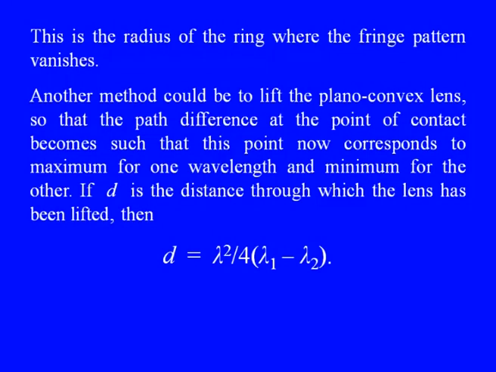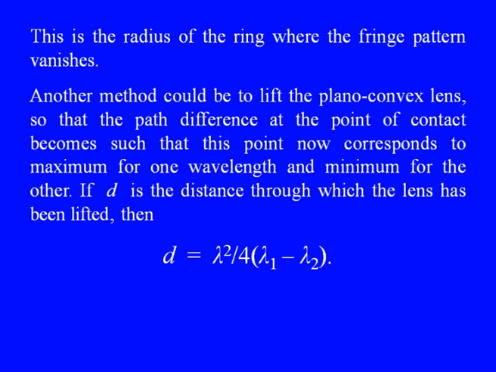And the method could be to lift the plano-convex lens. Remember, you have a plano-convex lens placed on a glass plate. Now, we are lifting it. So, the path difference at the point of contact, you see, at the point of contact the thickness is 0. Now, we are increasing that thickness.